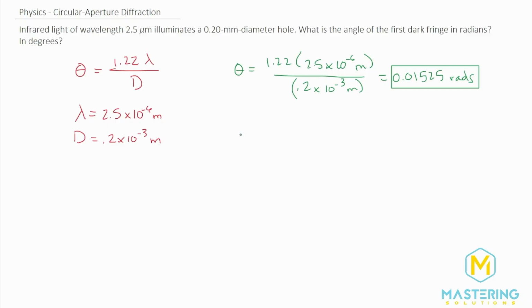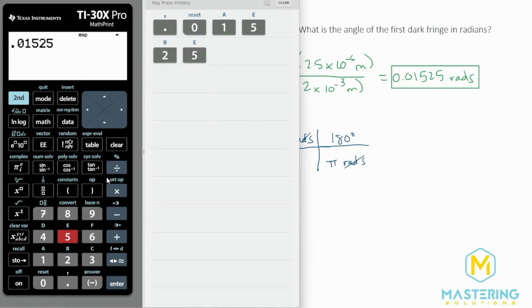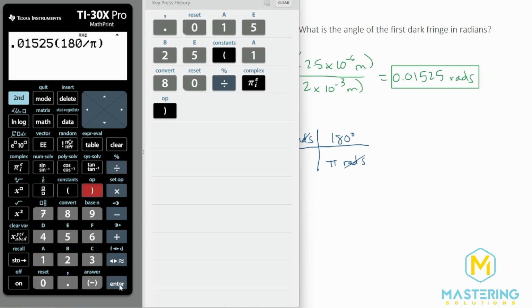So we have 0.01525 radians, and in every pi radians, now those will cancel, we have 180 degrees. So we have 0.01525, and now we can do this a few ways, and it's all going to give you the exact same thing. You can multiply it by 180 over pi, and that gives you 0.87 degrees.